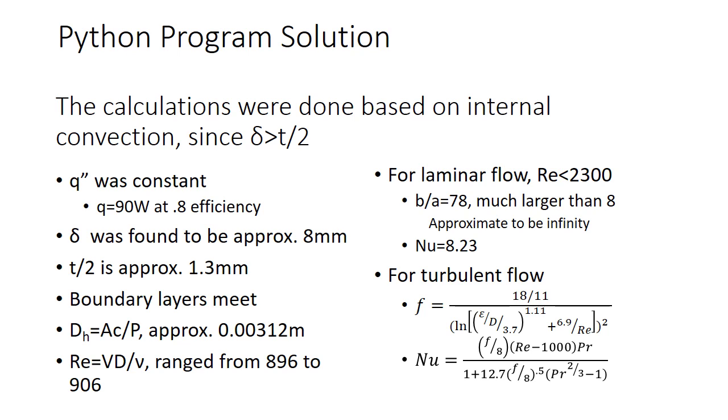If it was less than 2300, we used a constant Nusselt correlation of 8.23, since the ratio of the base to the height of the fin was 78, which was approximately infinity, since it was much larger than 8. For turbulent flow, if it had been the case, the friction and Nusselt correlations would have been found as shown on the slide.